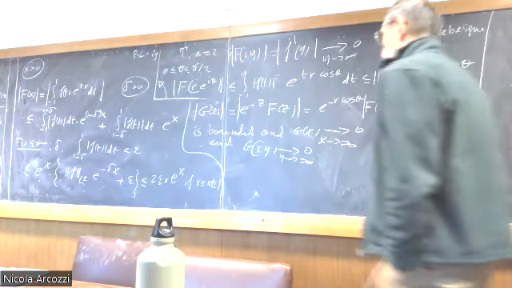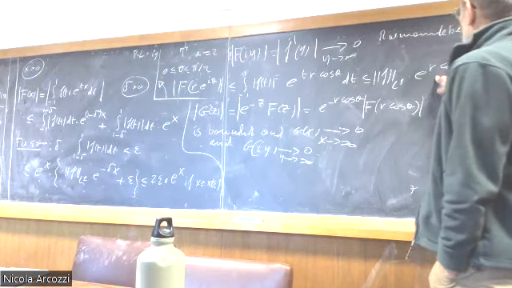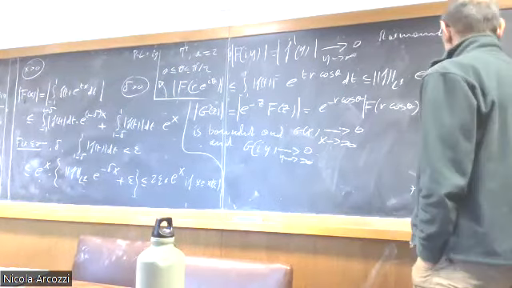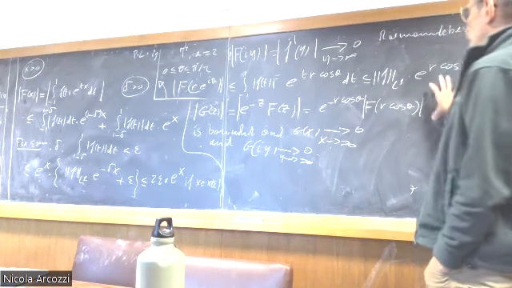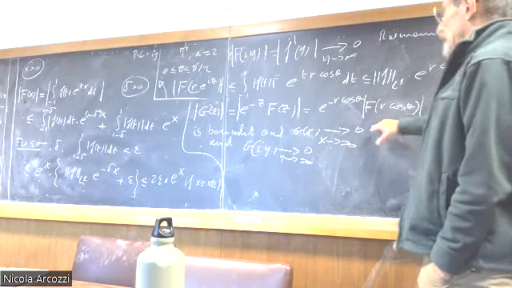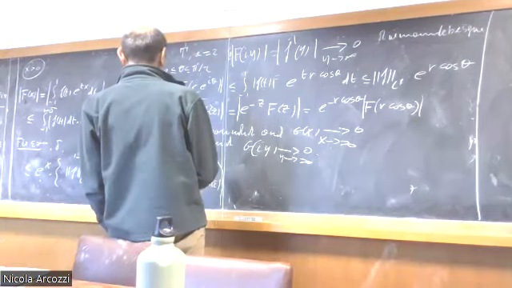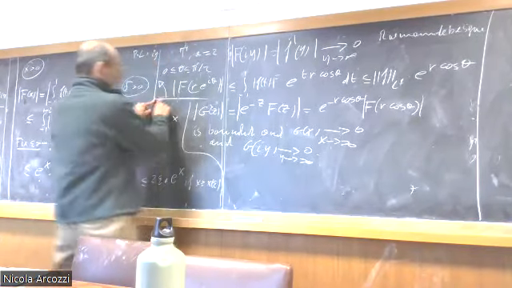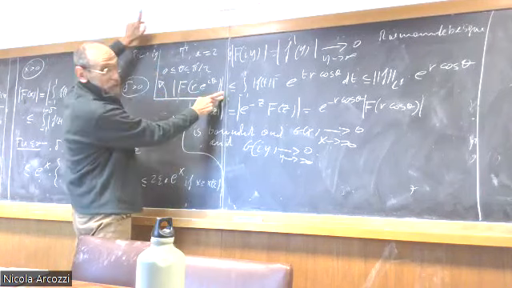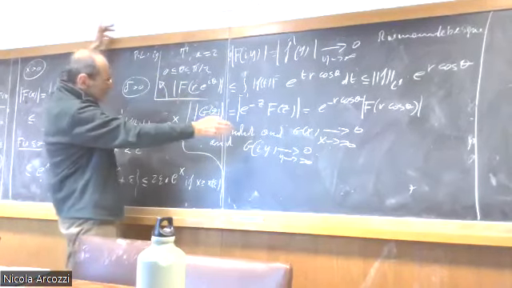So, okay, so this says that the function is bounded here, it goes to 0 here and there, and well, it is continuous.